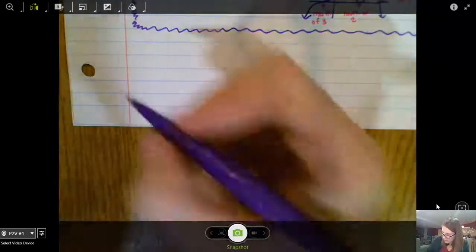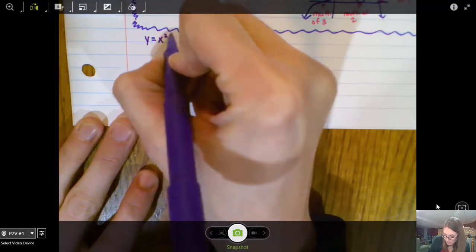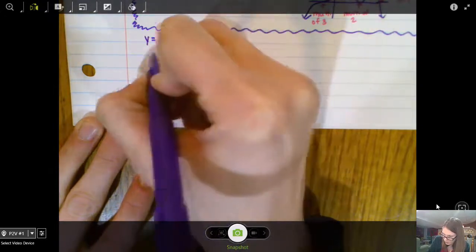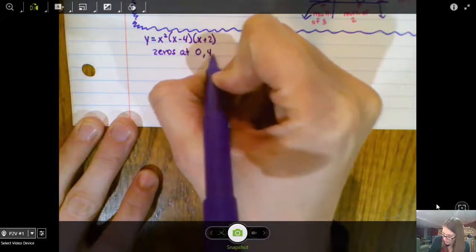Again, we had that function y equals x squared times x minus 4 times x plus 2. We have zeros at 0, 4, and -2.